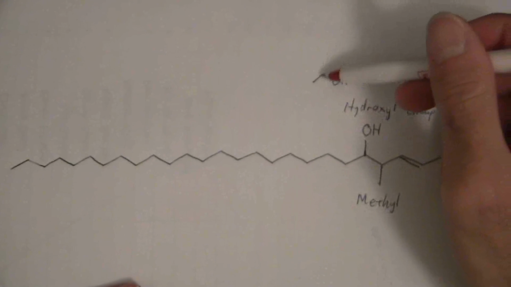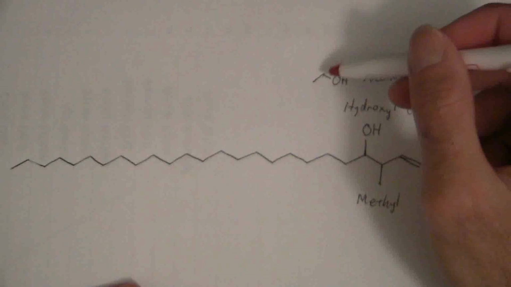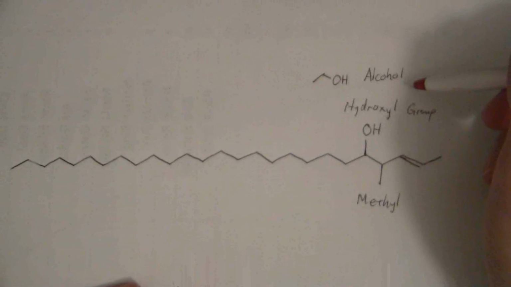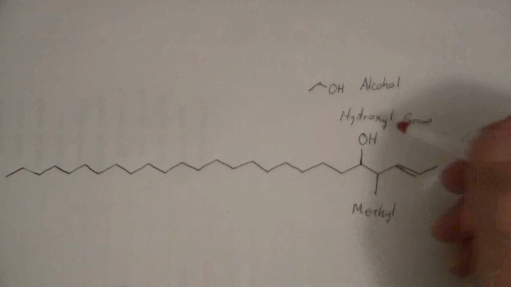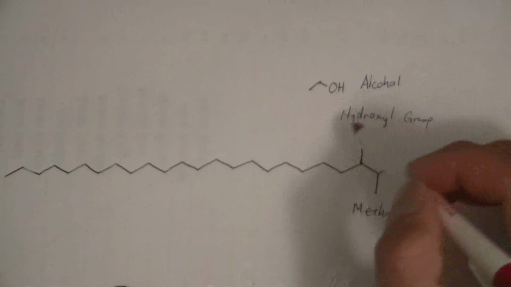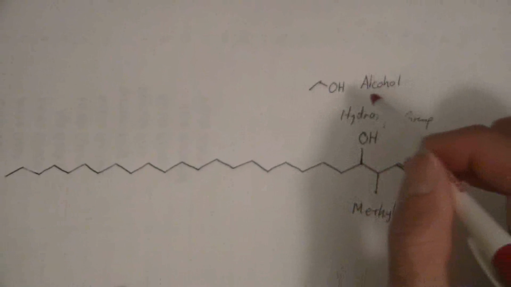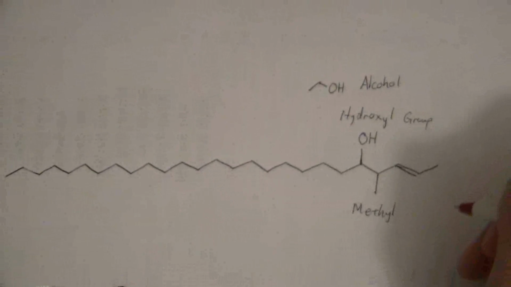The hydroxyl group is our functional group, and that makes it an alcohol. So just remember, OH is the hydroxyl group, and compounds with that hydroxyl group are alcohols.